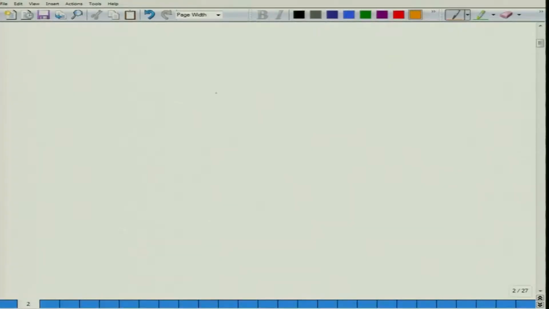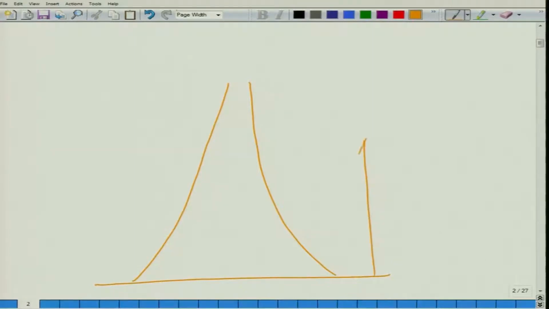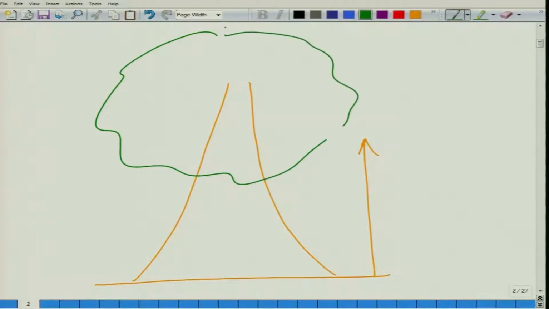As we have seen previously, the tree is tapering from the ground as we go up. So, if this is our tree, the diameter at this point, suppose it is say 50 centimeters, the diameter at this point might be say 30 centimeters, then it would further reduce down to around 20 centimeters, then 10 centimeters and so on.